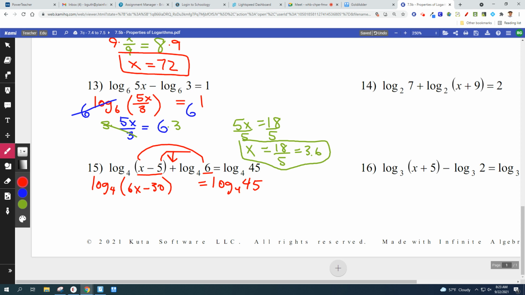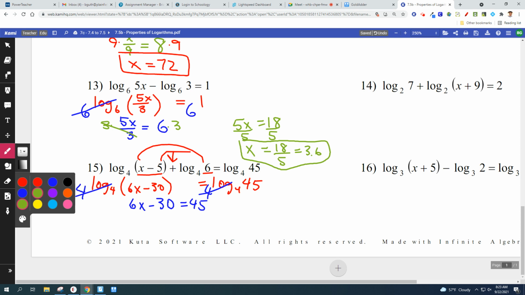And so in this problem, I want to do a base 4 on both sides. That's what it's called, base 4. When you're trying to communicate about this problem, what are we doing? We're taking base 4 on both sides. We're raising both sides into the exponent of a base 4. That's going to cancel out my log on both sides. Gives me 6x minus 30 equals 45. After this, it's a straight solve.